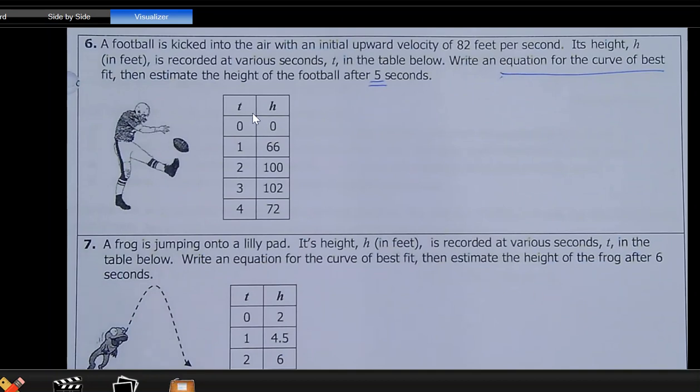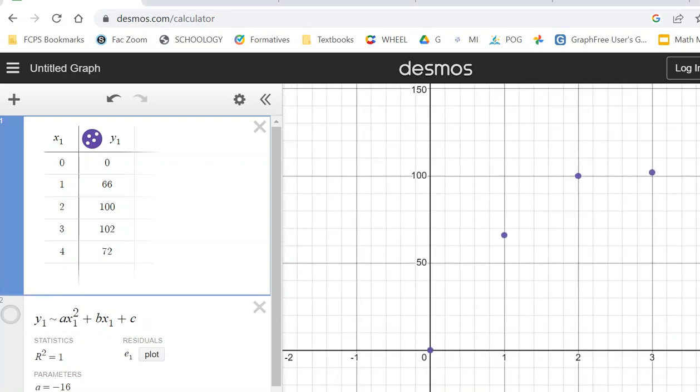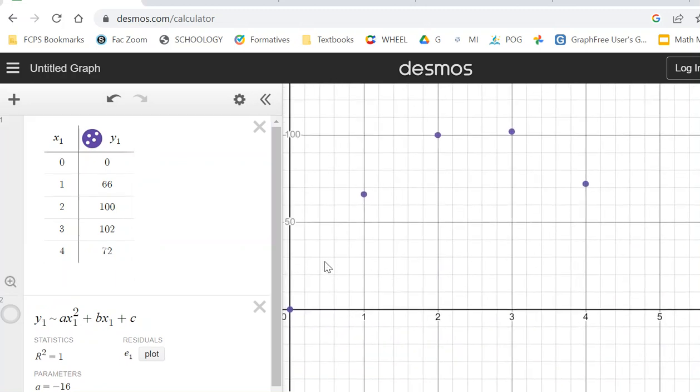So we're going to go back to Desmos and we're going to enter in this table. Okay, so here I have all of that data from our football being kicked into the air written right here in my table. And I want Desmos to find the curve of best fit. So first I'm going to just make sure that makes sense. I'm going to do my zoom fit. And so you can see this is pretty definitely a curve, right?